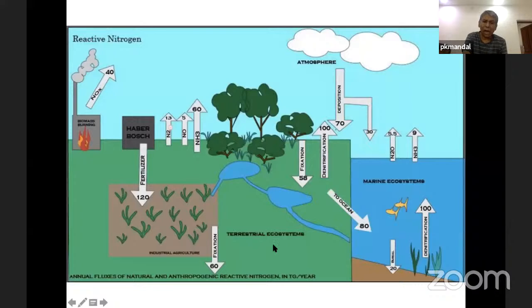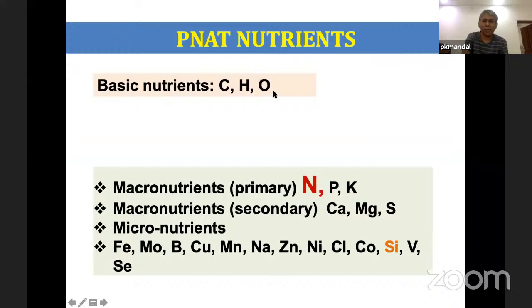After the fixing, which usually happens in the form of ammonia, it becomes nitrate, and then this nitrate again becomes denitrified, and then it goes to the atmosphere in different forms.